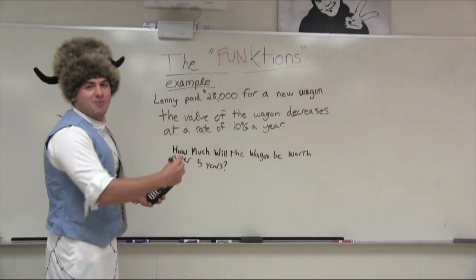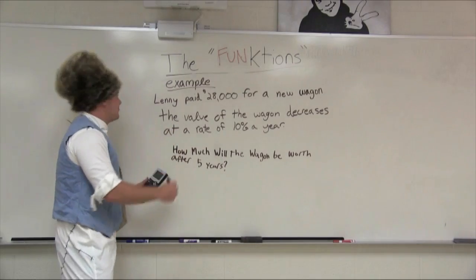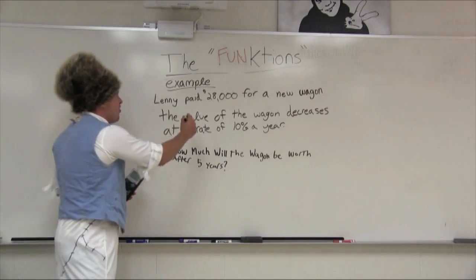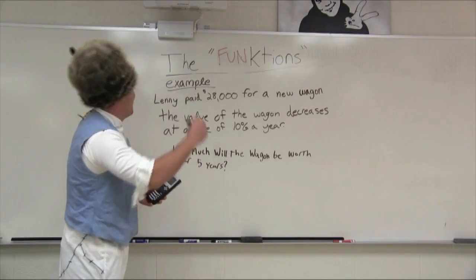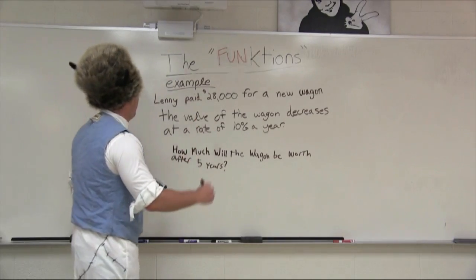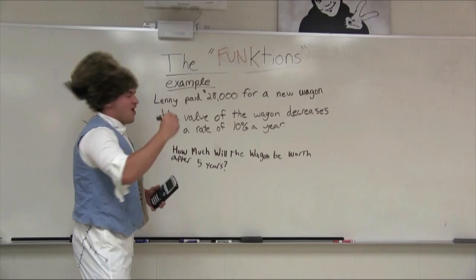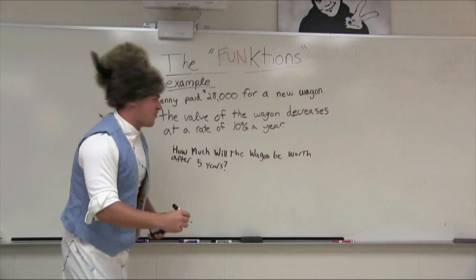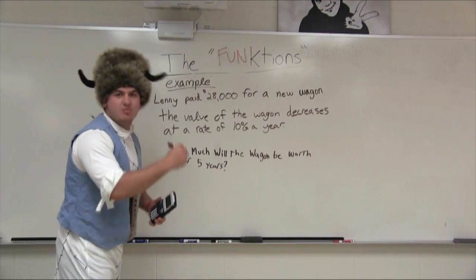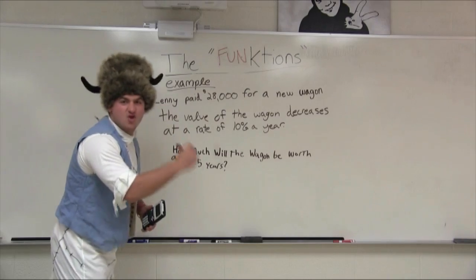This is an example of an exponential function. My brother Lenny paid $28,000 for a new wagon. The value of the wagon decreases at a rate of 10% a year. How much will the wagon be worth after 5 years?